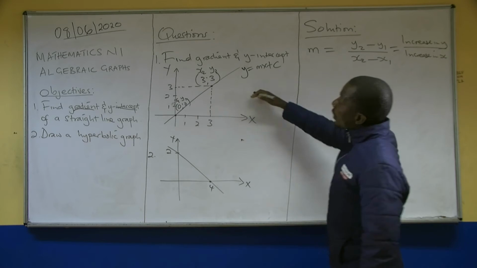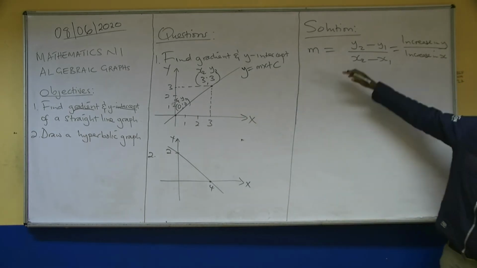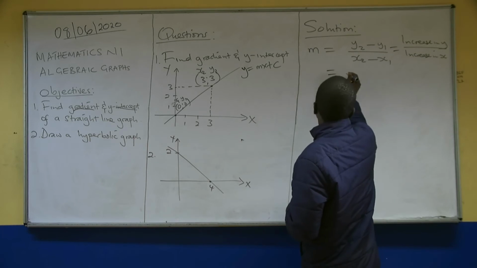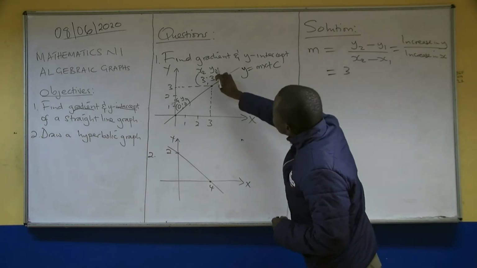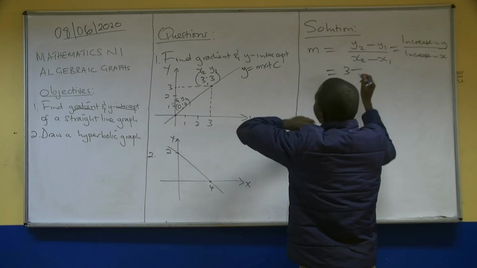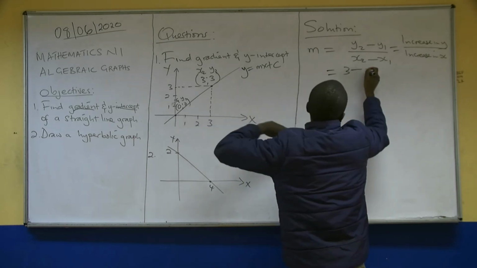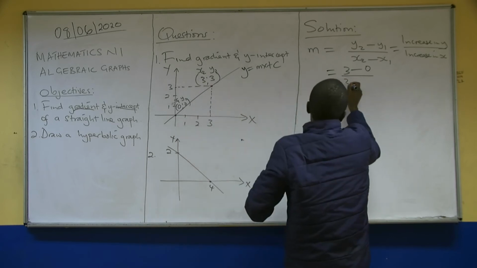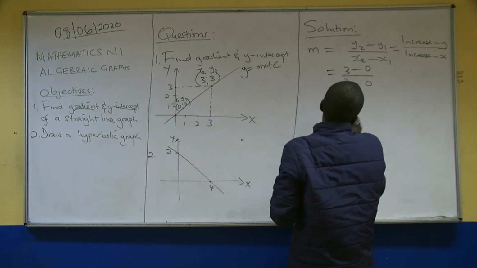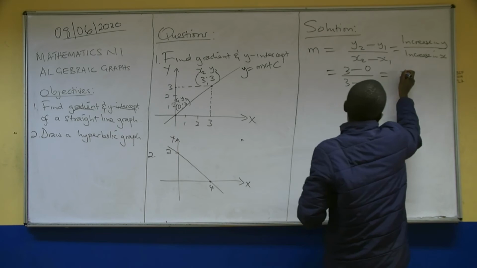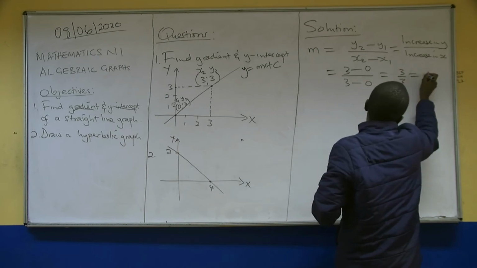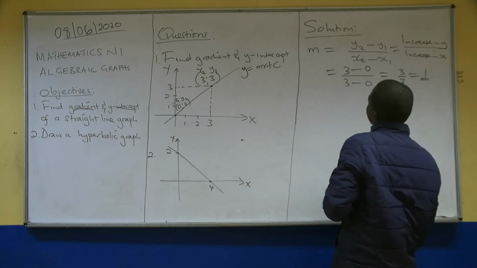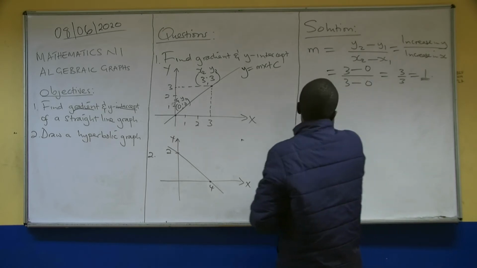Having those 2 points, we can now substitute in the formula, which will become 3 minus 0 for that y1, over 3 minus 0. This will then become 3 over 3, which is equal to 1. So the gradient of this graph is 1.